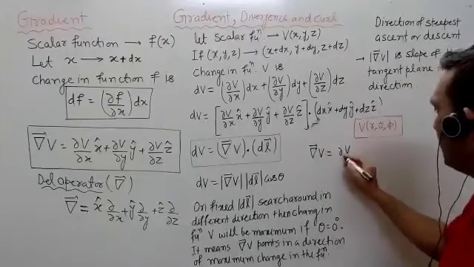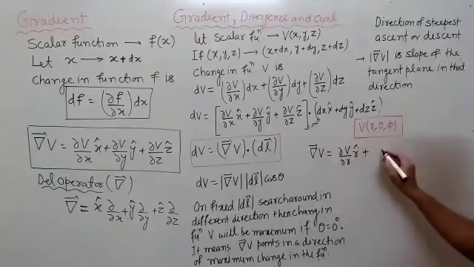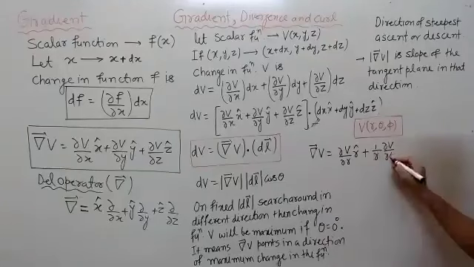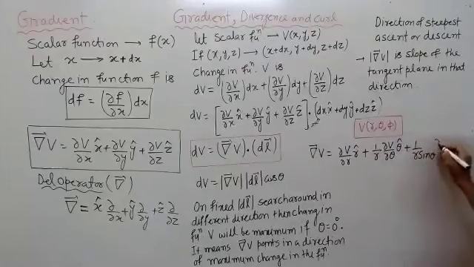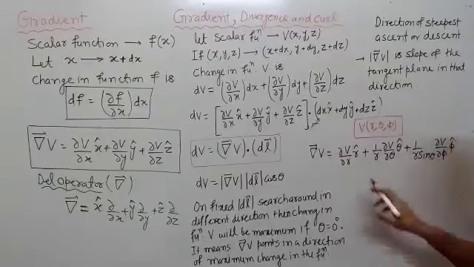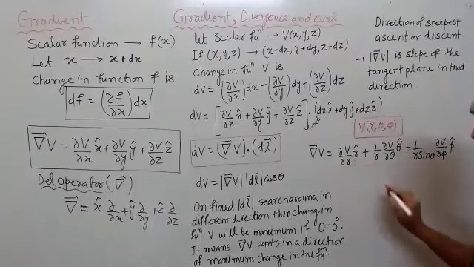That is del V by del r r cap, 1 by r del V by del theta theta cap, plus 1 by r sin theta del V by del phi phi cap. So this is gradient V in spherical polar coordinate. You have to remember this.